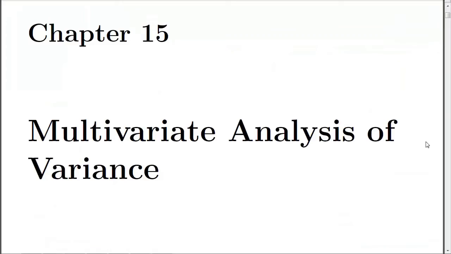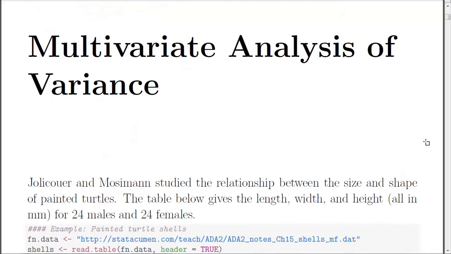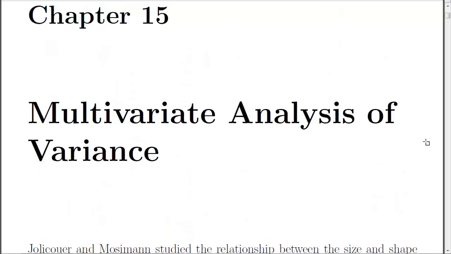So this is multivariate ANOVA, or MANOVA, and the goal of MANOVA is to answer the question: are groups of observations, such as male and female or different species of plants, different in their multivariate response?